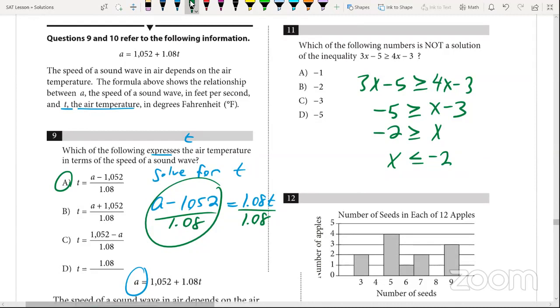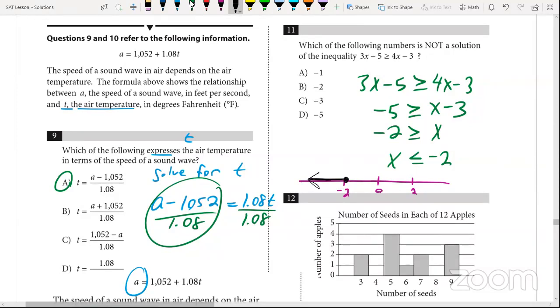So if x is less than or equal to negative 2, which of these numbers is not less than or equal to negative 2? It might be helpful to visualize this. So I'll have 0 here, positive 2 here, and negative 2 here. And less than or equal to is a solid dot, and we're going in the lesser direction.